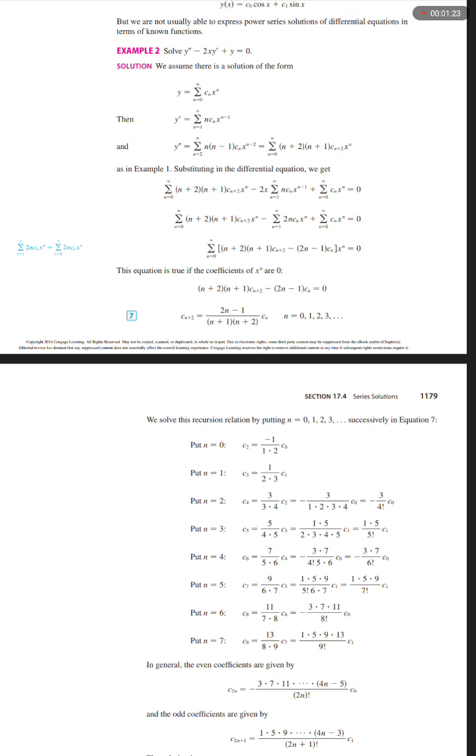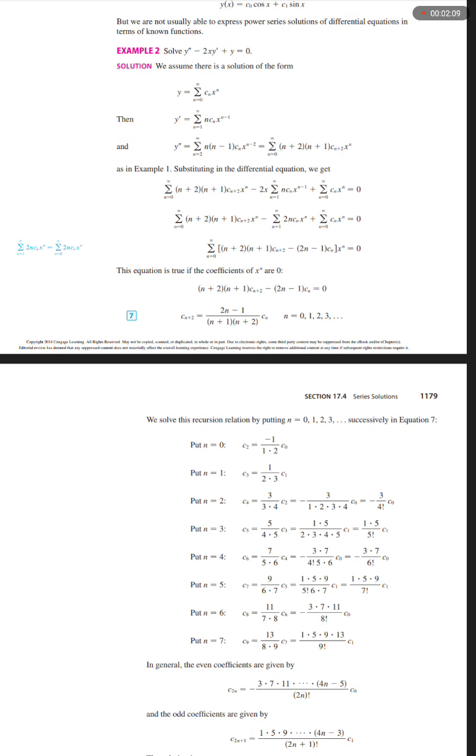As in example 1, substituting in the differential equation, we get the sum from n equals 0 to infinity of open n plus 2 close open n plus 1 close c sub n plus 2 times x to the power n, minus 2x times the sum from n equals 1 to infinity of n times c sub n times x to the power n minus 1, plus the sum from n equals 0 to infinity of c sub n times x to the power n equals 0.